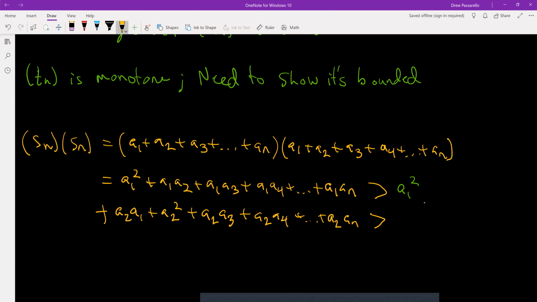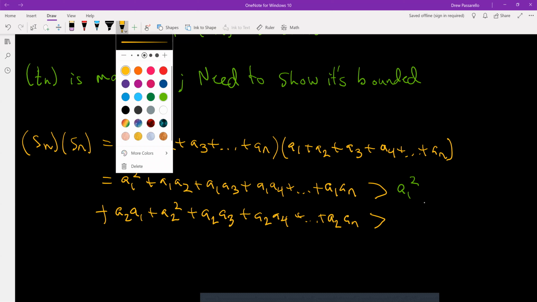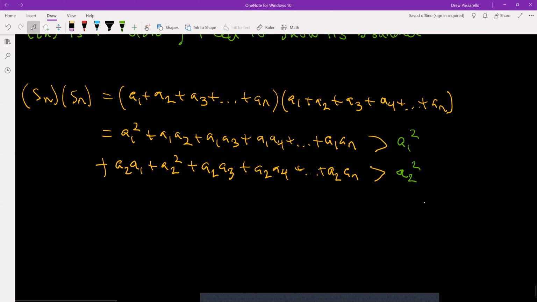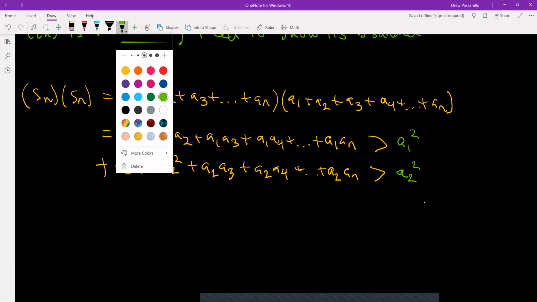And that's greater than, right, a2 squared. You can keep going like this. You multiply it all the way through.